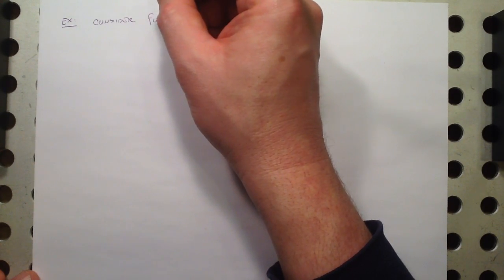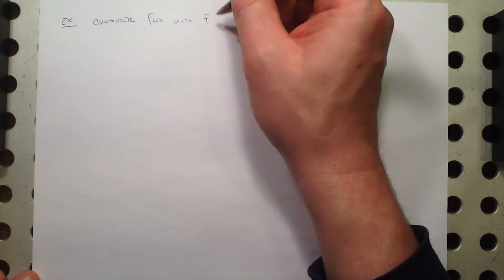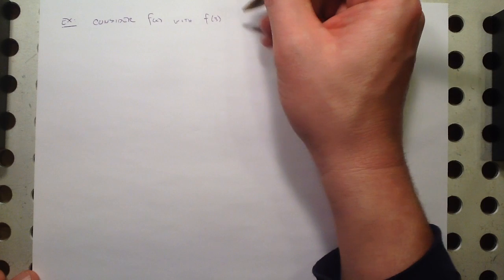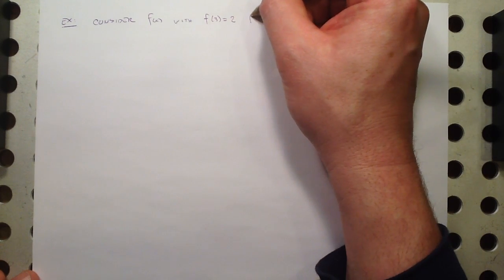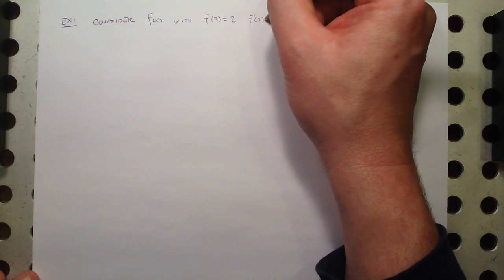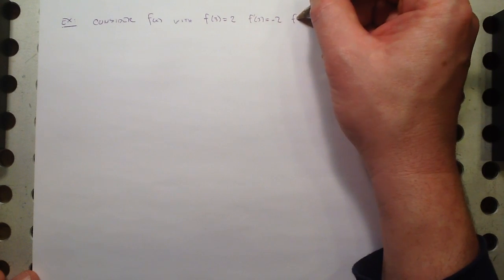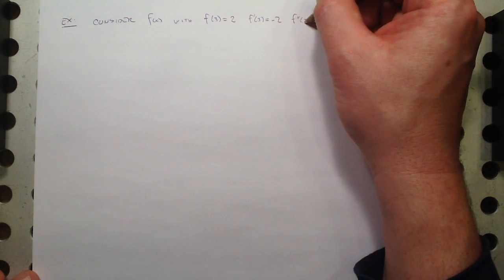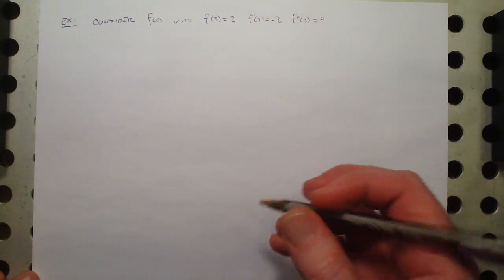function f of x with f of 3 is equal to 2, f prime of 3 is equal to -2, and f double prime of 3 is equal to 4.